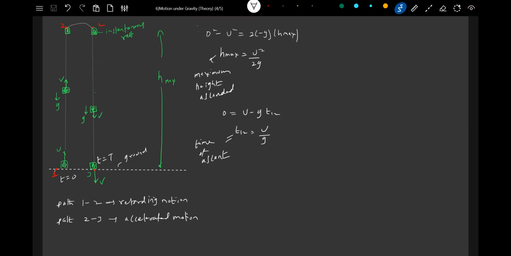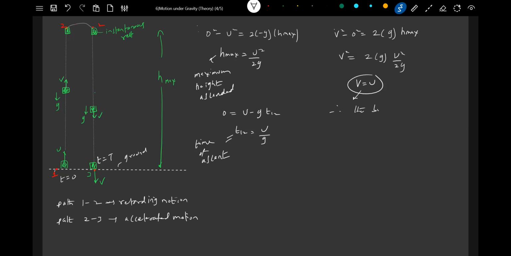So here v squared minus 0 squared equals 2 g H max. What is H max equal to? u squared by 2g. Let me substitute: 2g H max is u squared. So finally v equals u. So the body is going to strike the ground with the same speed. What is the conclusion?